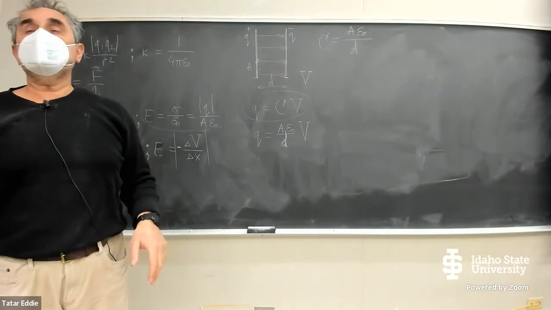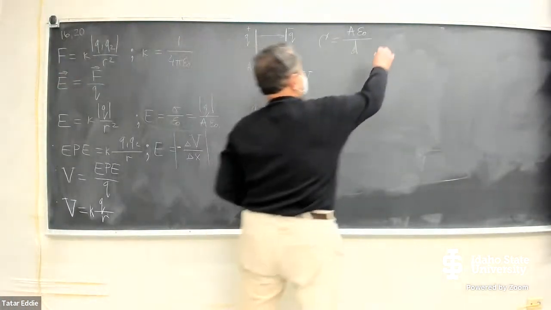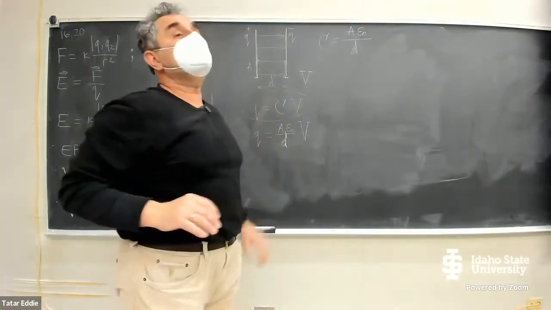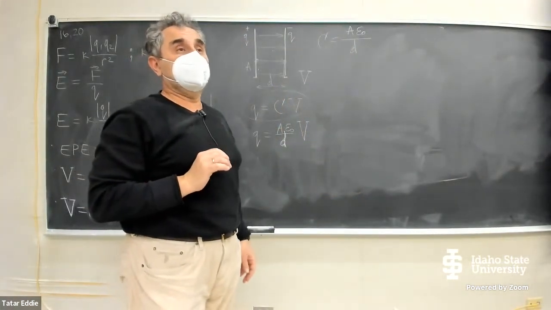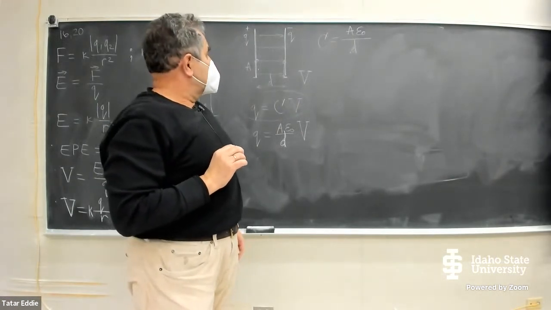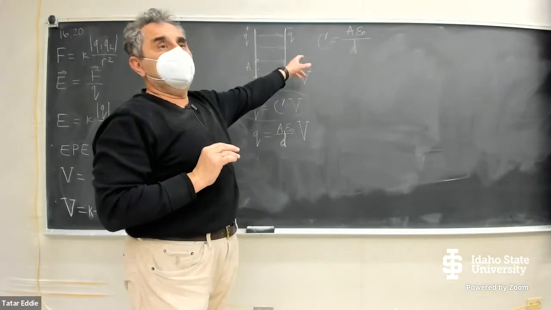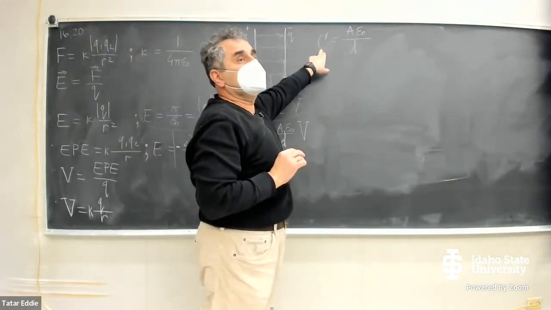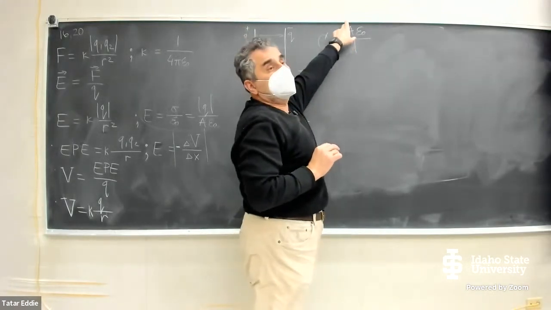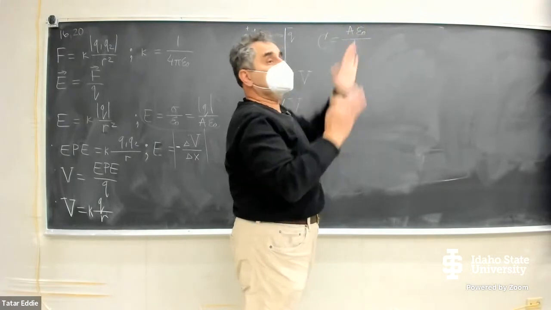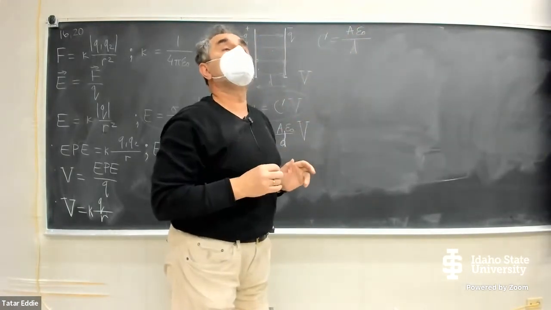What is missing is the constant of proportionality, right? I can write it, but give me a minute and I'll write that constant of proportionality. Because, look, this formula tells you that you have larger capacitance if the area of the plates is large and if the distance between the plates is small.